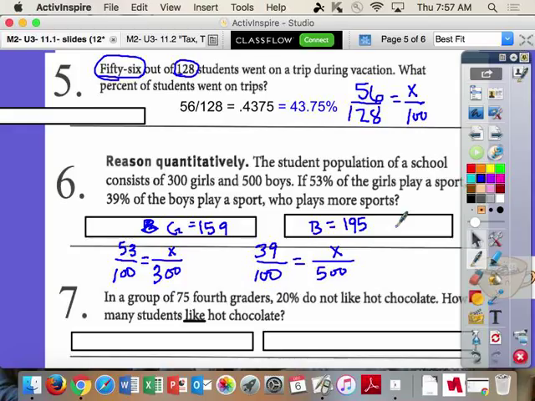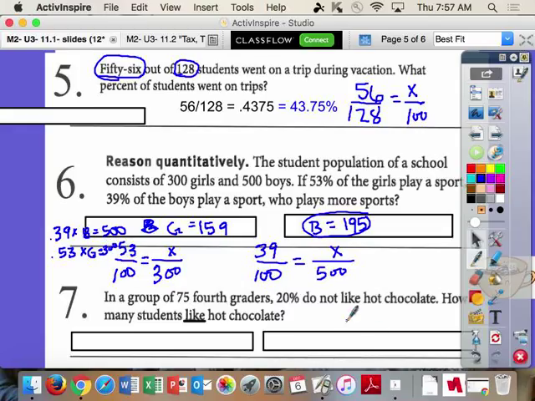So who plays more sports? The boys. Okay? So again, if you wanted to do 0.39 times we don't know how many boys equals 500, or if you wanted to do 0.53 times the girls equals 300, that would work as well, okay?